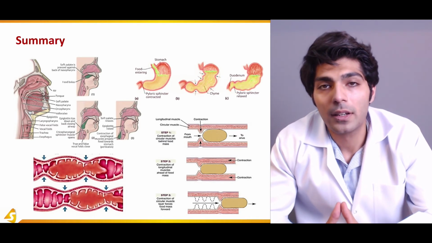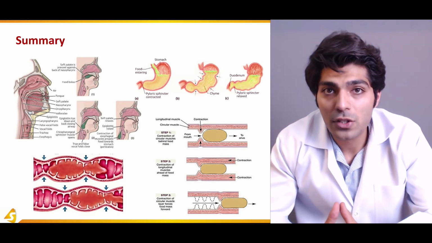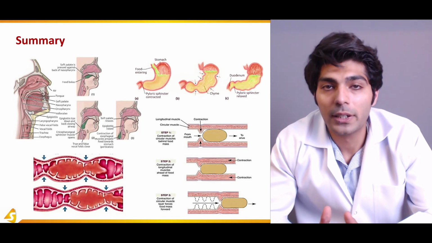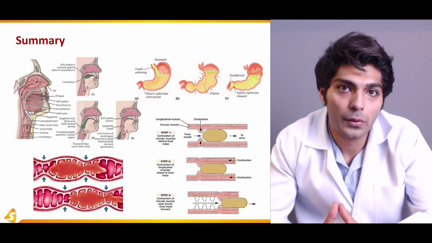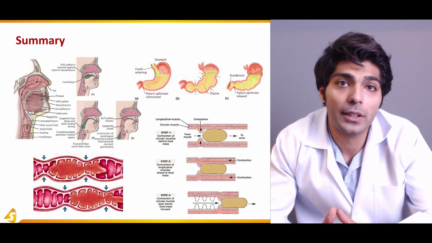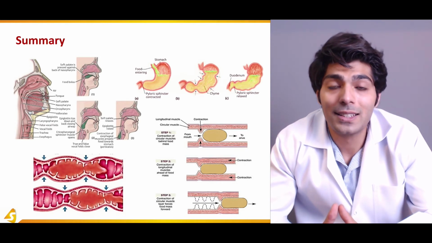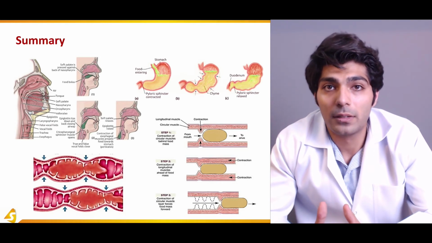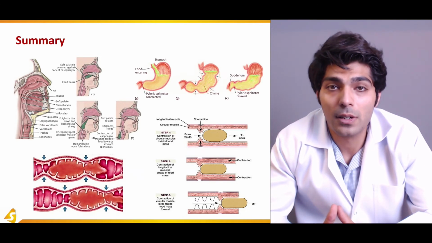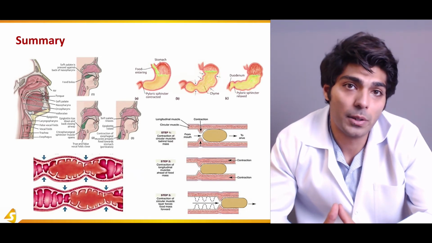Before it moves down into the stomach, there is a lower esophageal sphincter which remains tonically constricted unless reflexes initiated in the stomach by the distension of the stomach relax it.